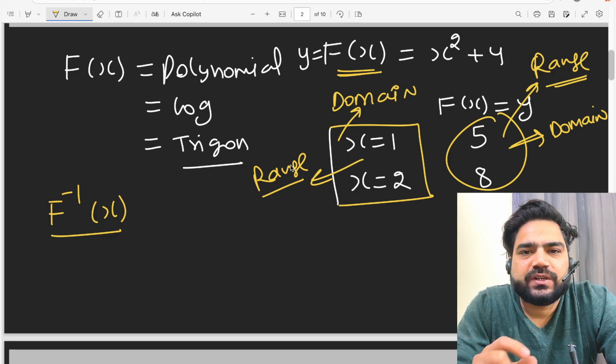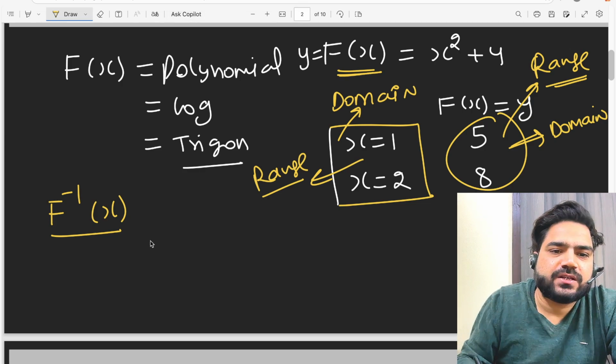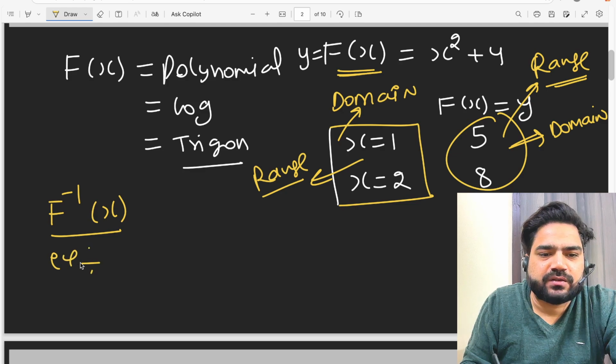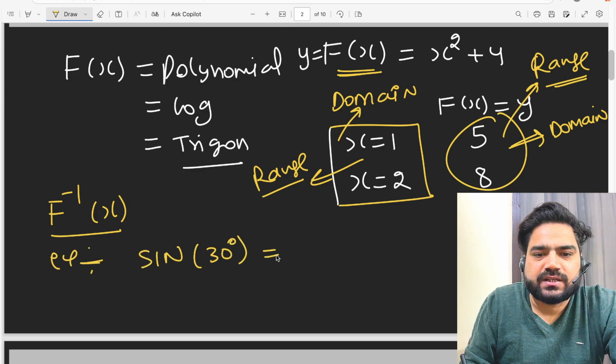So basically what is the inverse of a function? The inverse of a function is the reverse of a function. Suppose in trigonometry, if we take an example of a trigonometric function, what is the value of sine 30? If I ask you what is sine 30, then you will say sine 30 degrees gives us 1 by 2.